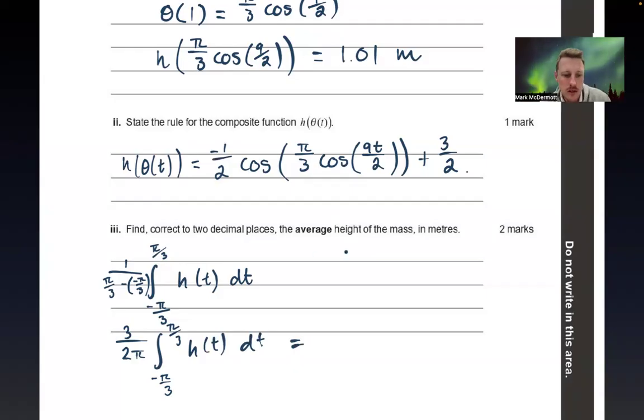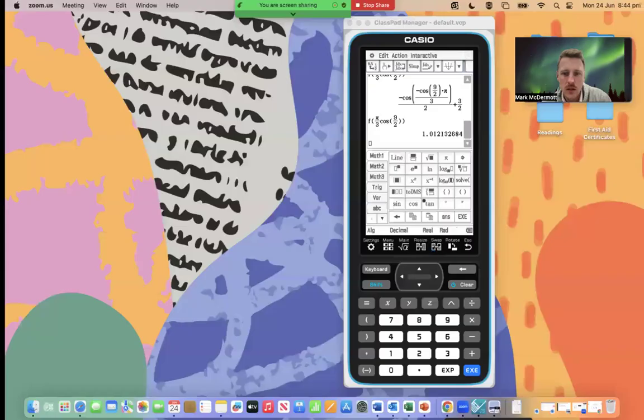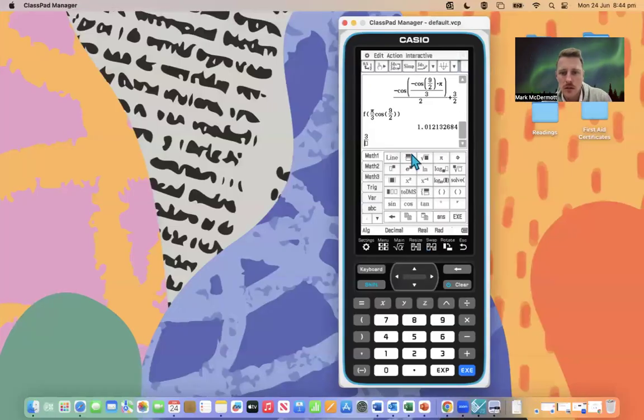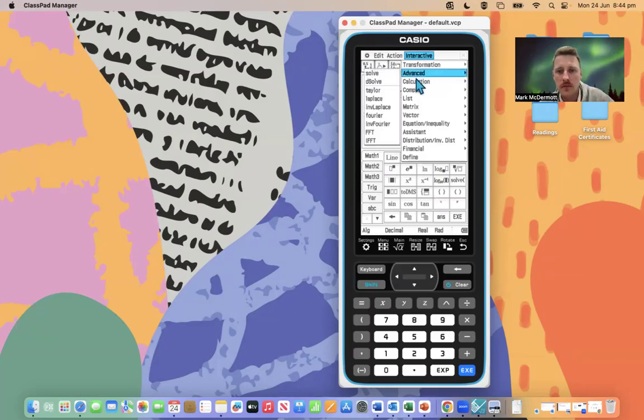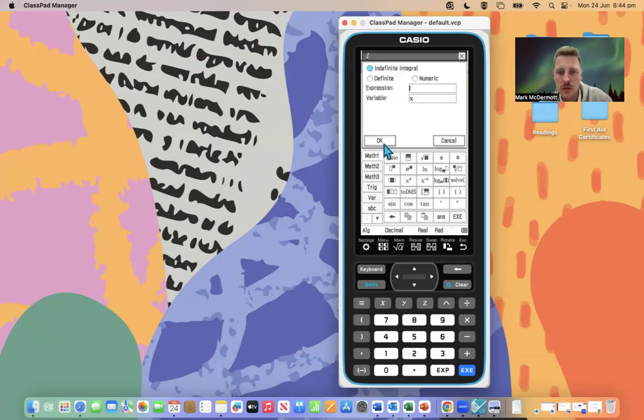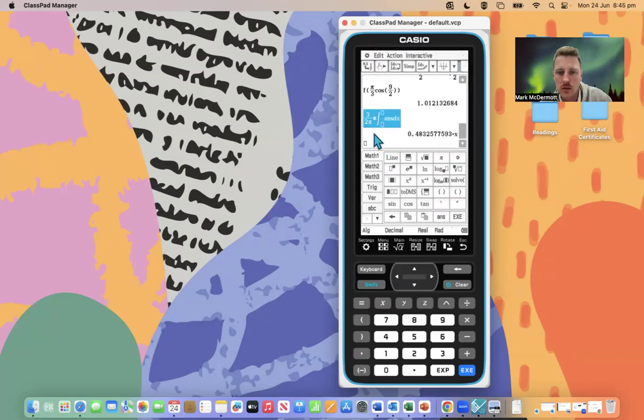Okay, let's go do that. So 3 on 2 pi multiplied by the integral. Can I just get an integral sign? Is it going to let me do that? Sort of take that down. Okay, the integral from negative pi on 3 to pi on 3.